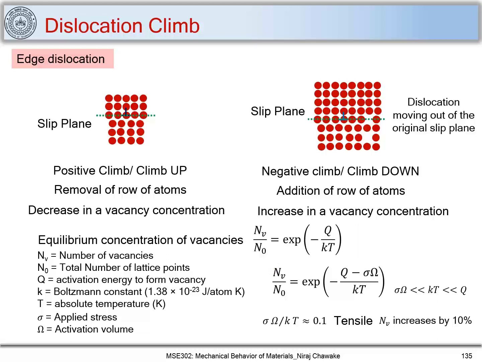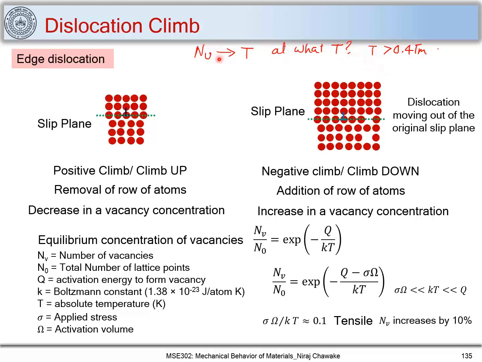As I mentioned, we have an equilibrium concentration of vacancies, let me write it down. We have vacancies, and that is assisted by temperature. At what temperature does this become important? At temperatures greater than 0.4 Tm, where Tm is the melting point of an alloy.